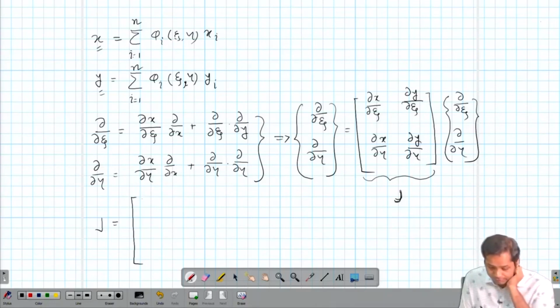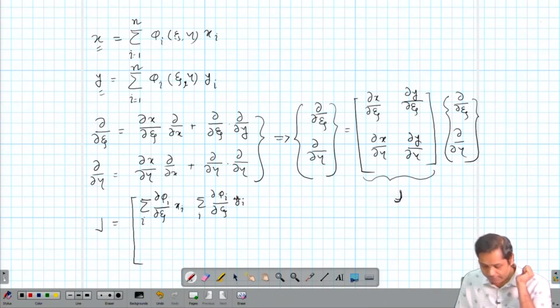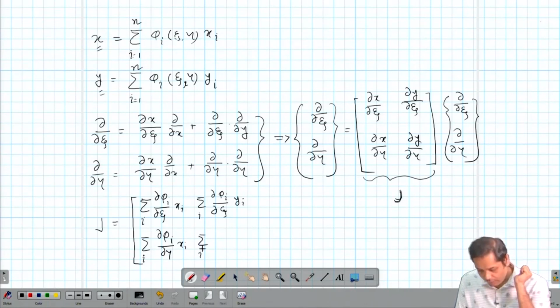Our expression will be the summation over I of del phi I del xi times xi, and the summation over I of del phi I del xi times yi, and similarly the summation over I of del phi I del eta times xi, and the summation over I of del phi I del eta times yi.